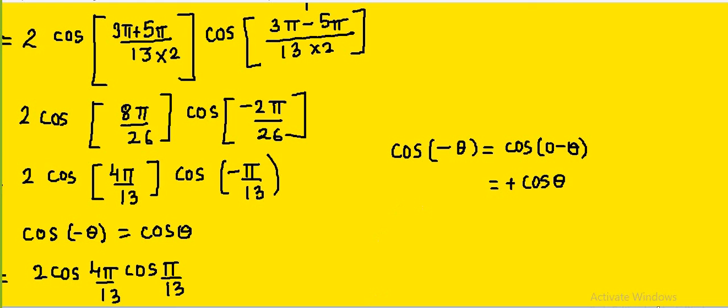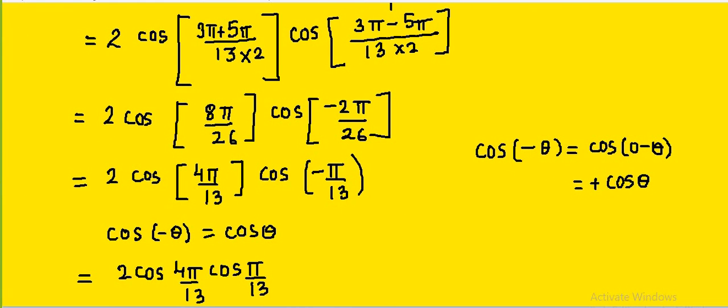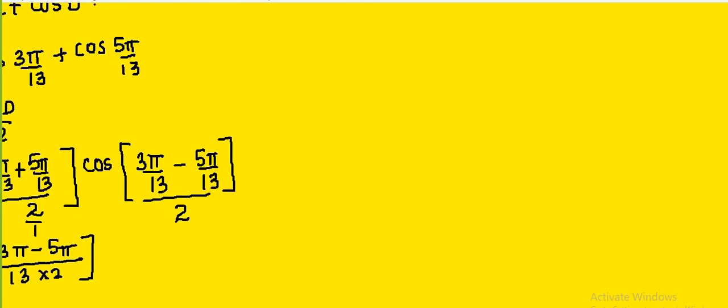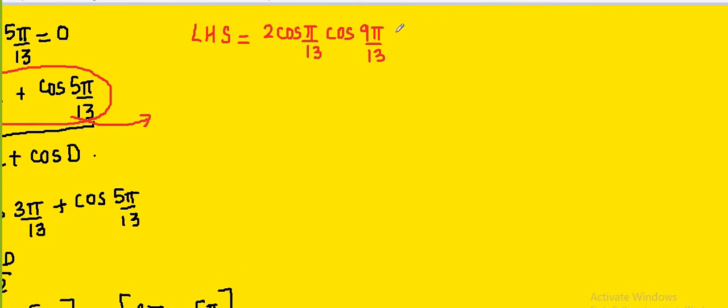After applying CD, it is 2 cos 4 pi by 13 cos pi by 13. So writing it as 2 cos 4 pi by 13 cos pi by 13.